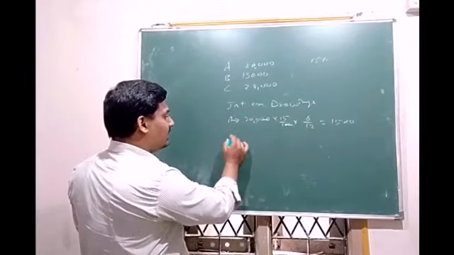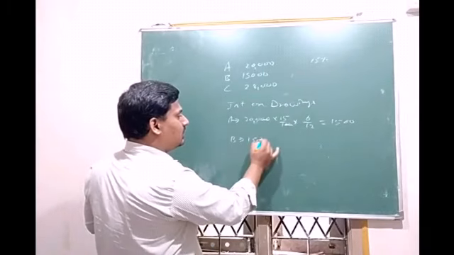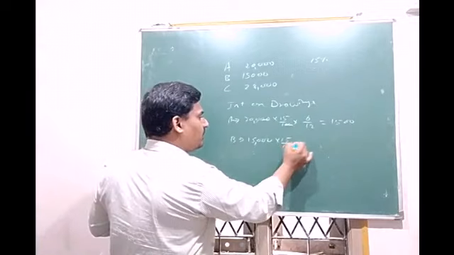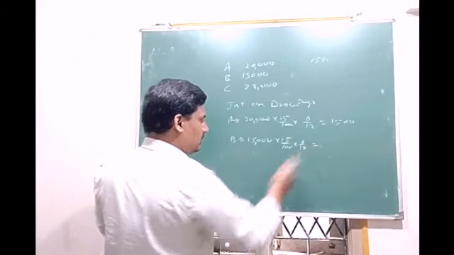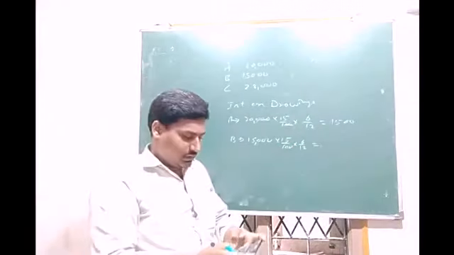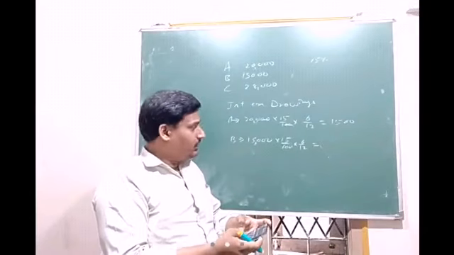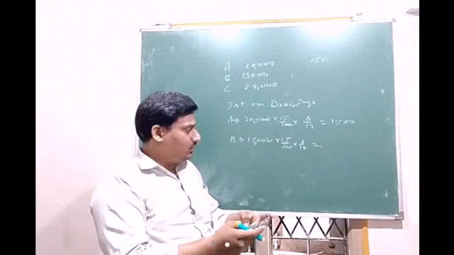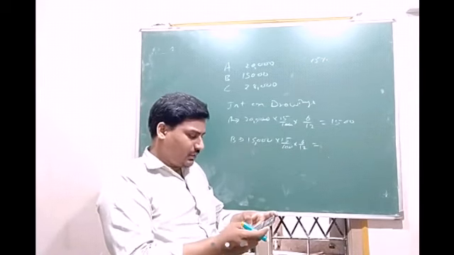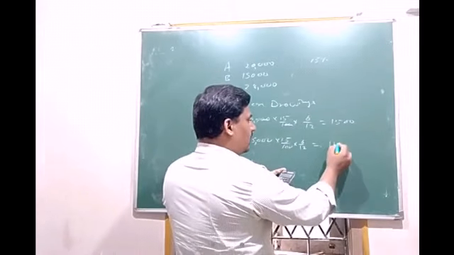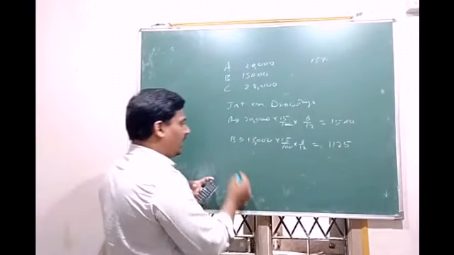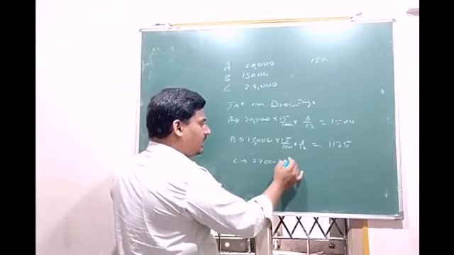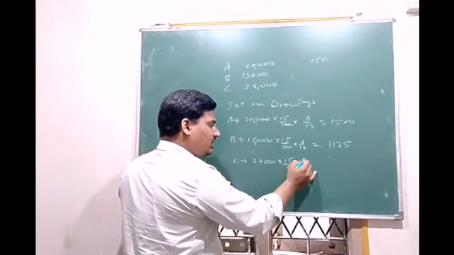Then B has withdrawn 15,000 in total into 15% for 6 months. So his interest on drawings is 15,000 into 15% into 6 divided by 12. So we get 1,125. And last, C has withdrawn a total of 28,000 into 15% into 6 months.